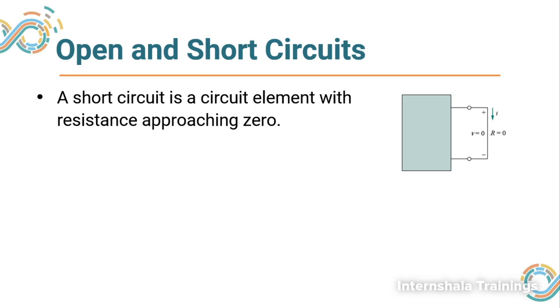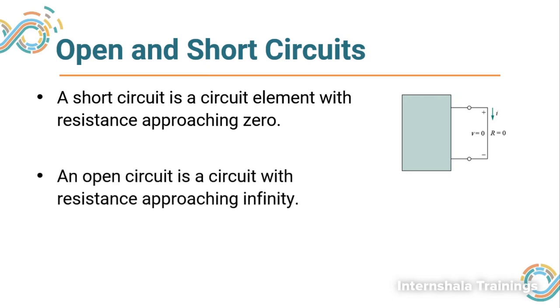So there are two things which are definite about a short circuit. The first one, resistance is almost 0, and voltage is also 0, but the current cannot be defined by the short circuit alone. The current will depend on the other circuit elements which are there inside this black box, which we are not showing in this block diagram.